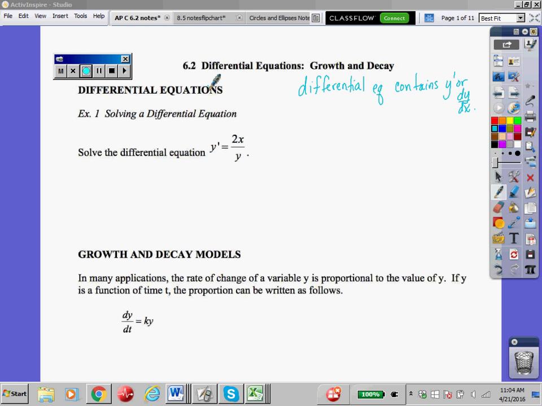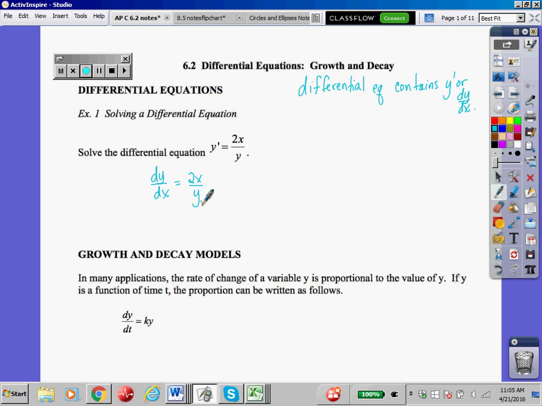So in example 1, it says you want to solve the differential equation y prime equals 2x over y. Well, the first thing you need to recognize is y prime is also equivalent to dy dx. So if you have a y prime, you're going to want to rewrite it as dy dx. And when you're solving a differential equation, you're trying to solve it for y.